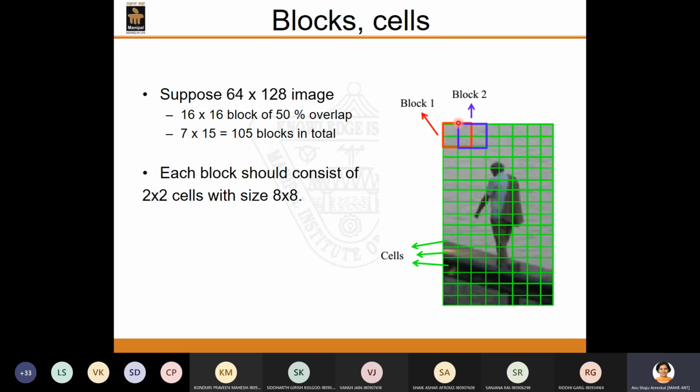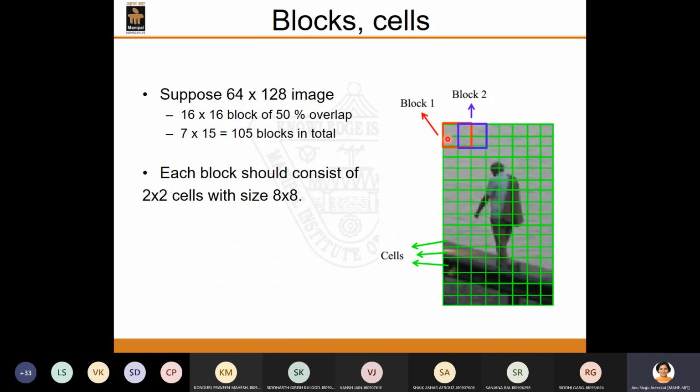For each block that we consider, there must be an overlap between the adjacent blocks, and we take a 50% overlap. So for example, if I'm taking a 2 cross 2 block, it would look somewhat like this, where you have 50% overlap between the adjacent blocks.